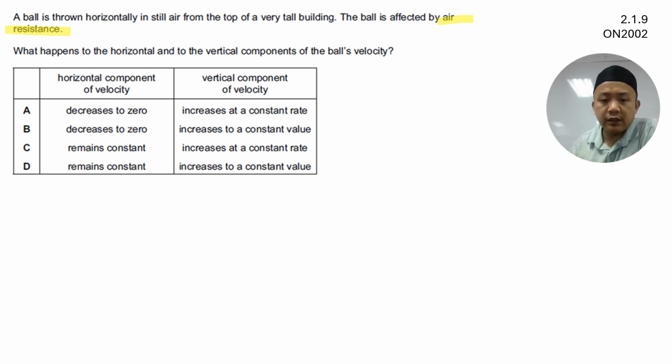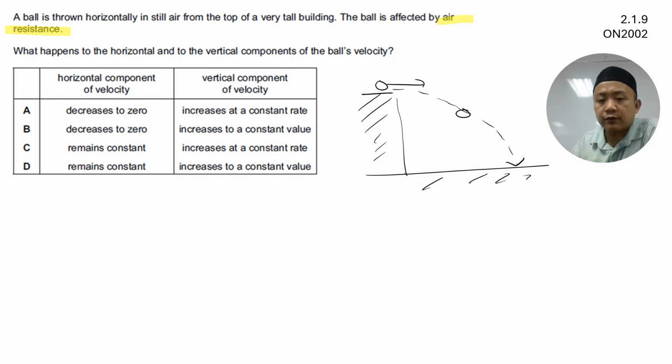So basically, we can consider this as a situation in which a ball is thrown from a very high position horizontally, so that means it will follow a projectile motion. When you have a motion in two dimensions, so this is a very tall building, top, and for example, this is your ground.